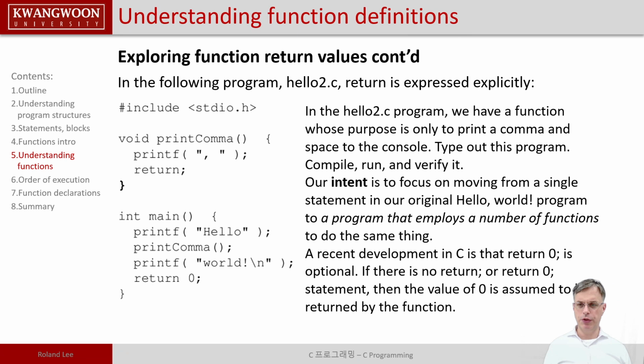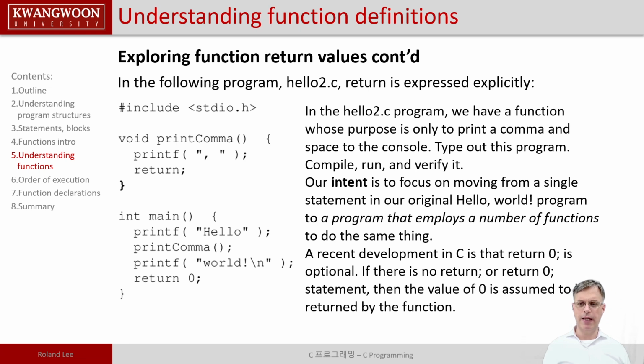So in the hello2.c program, we have a function whose purpose is only to print a comma and space to the console. Type out this program, so just as I did, compile, run and verify it. Verification should be familiar now since we are creating the same output. Clearly, by itself, this is not a particularly useful function.